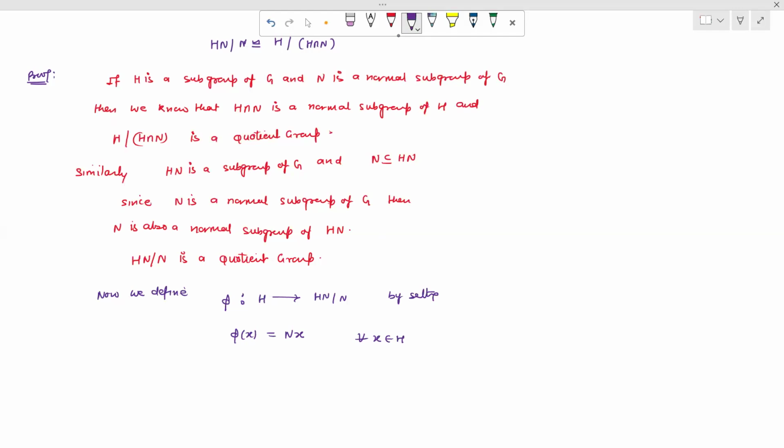Now we shall prove that the function is well defined. So first we shall prove that phi is well defined.